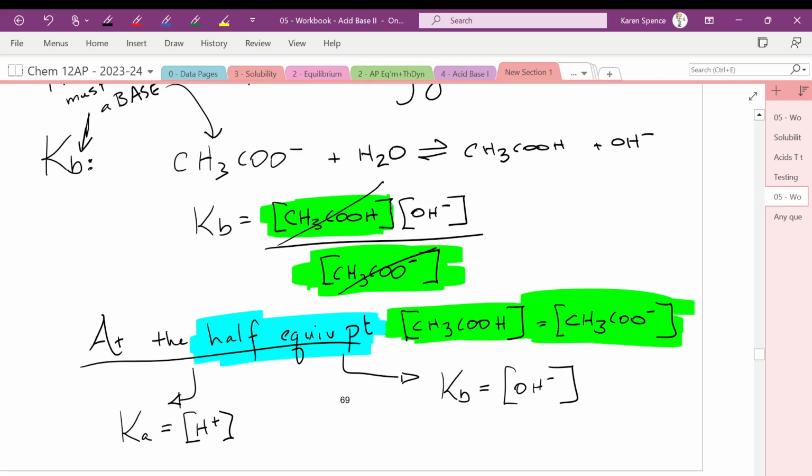The transition point of an indicator is the half equivalence point of that indicator. I noticed a lot of you were trying to use the word transition point here. Transition point is specific to indicators, but the half equivalence point is the same as, for an indicator, its transition point.